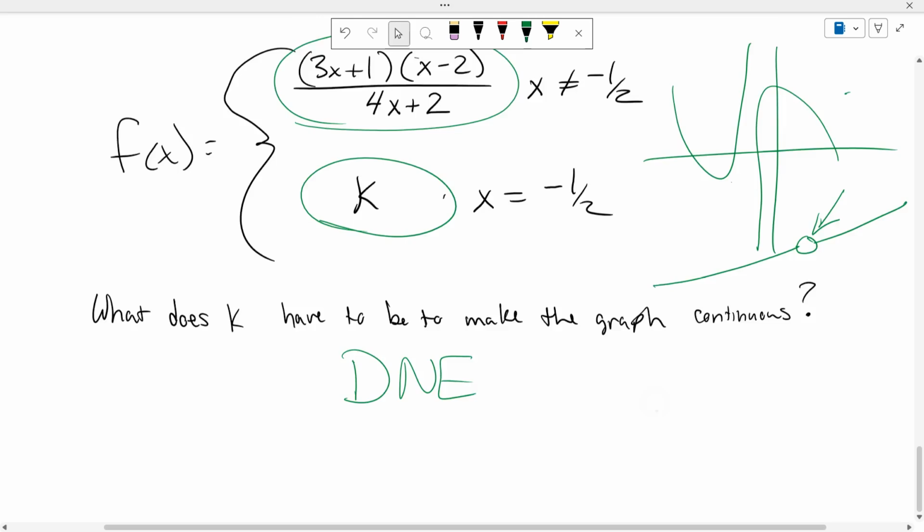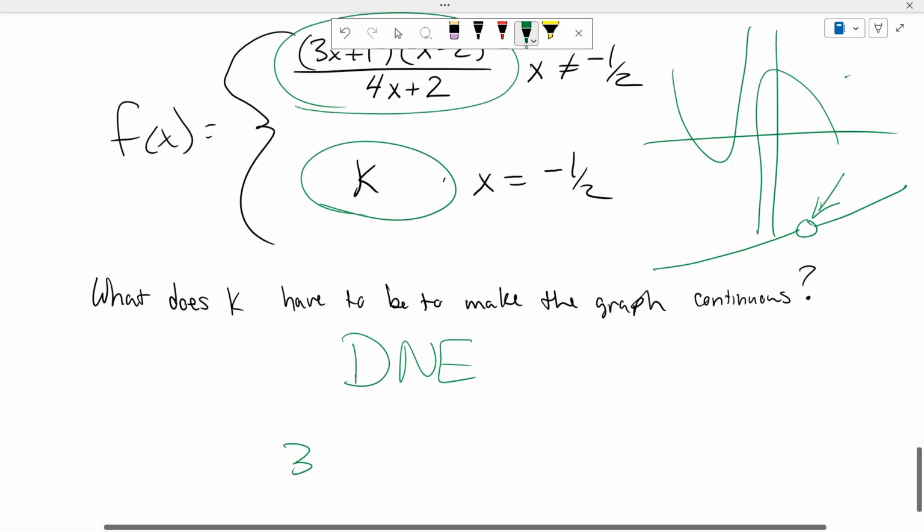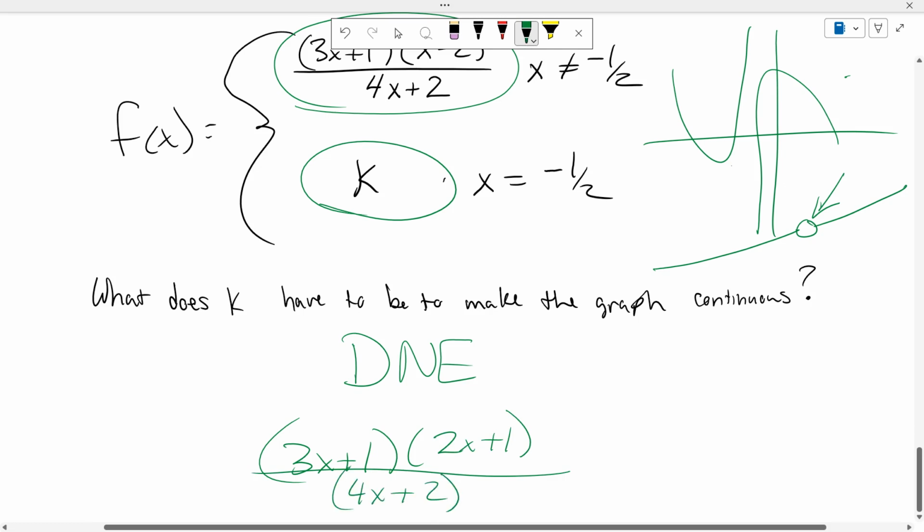Okay? So let's say that instead of that function, we had 3x plus 1 over 2x plus 1, and then 4x plus 2. If we have this function, what happens is we can take a 2 out of the bottom. The 2x plus 1's cancel.